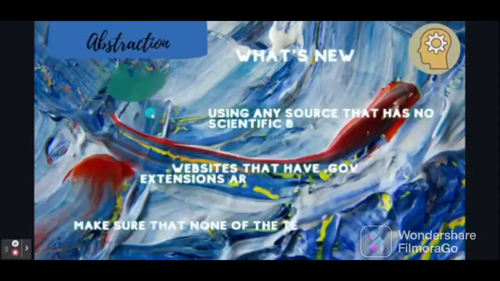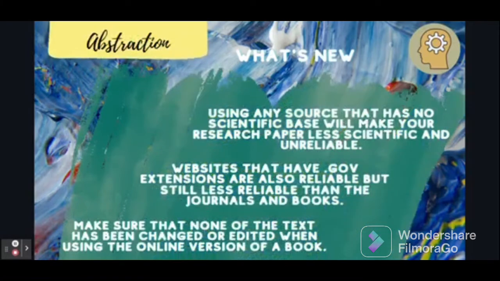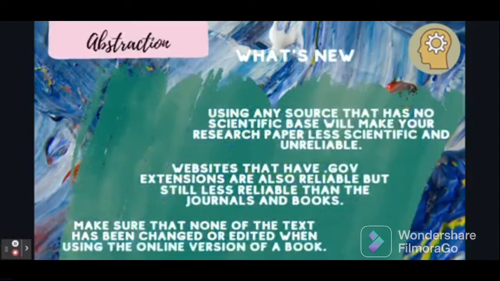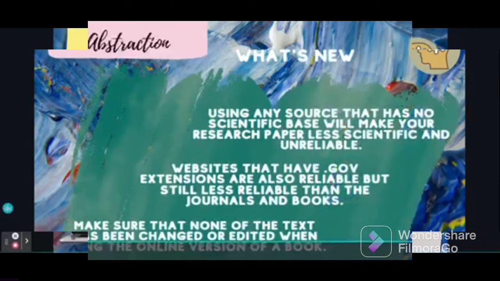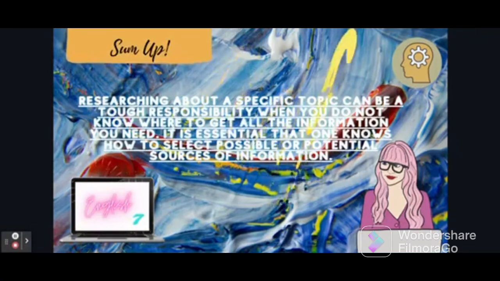And of course, using any source that has no scientific base will make your research paper less scientific and unreliable. Websites that have .org extensions are also reliable but still less reliable than the journals and books. And then make sure that none of the text has been changed or edited when using the online version of a book.